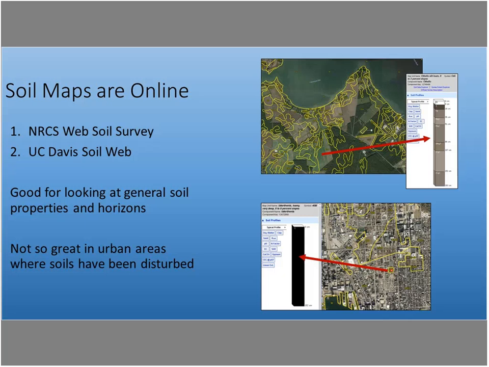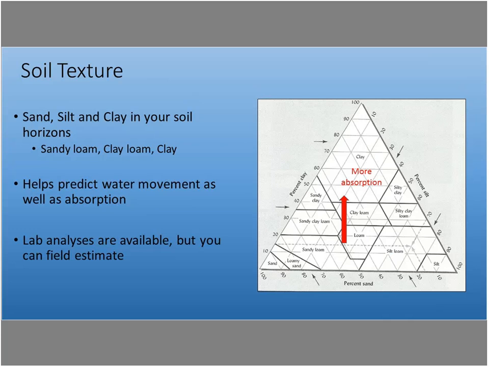So the soil map might not necessarily tell you what's under your feet. Besides that thick layer, they've colored it black for some reason, but it says C horizon, which means they just don't know what's there. It's going to take years for this to form. So the soil map might not be as helpful in an urban area as it is in a rural area.